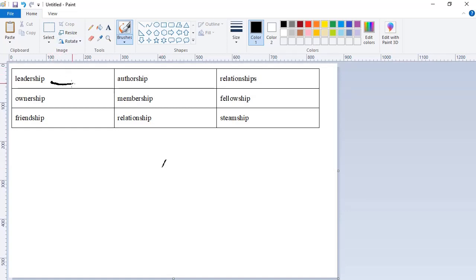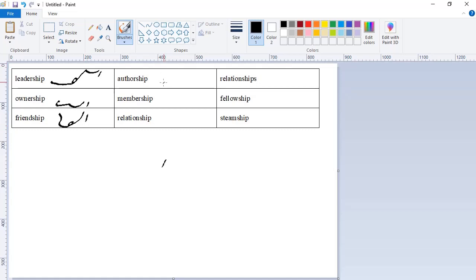So, for example, let's try leadership. We have LEDR and then yung inyong ship. Okay? Next, ownership. So, we have own, ner, and then ship. Friendship. We have FREND and then yung inyong ship. And then, authorship.